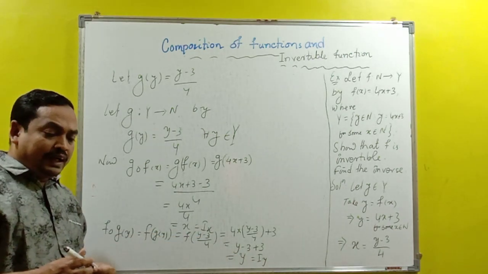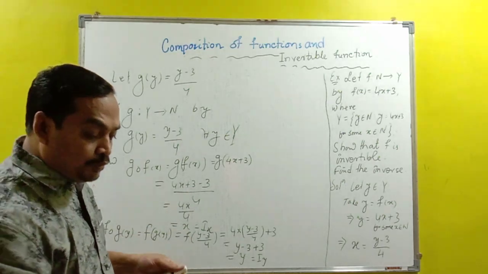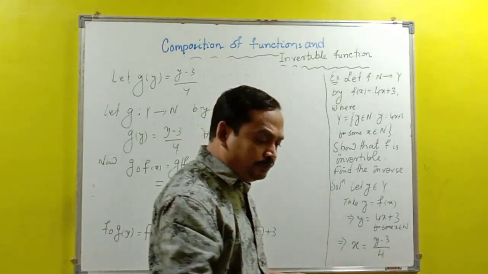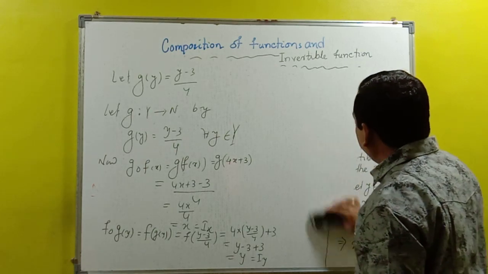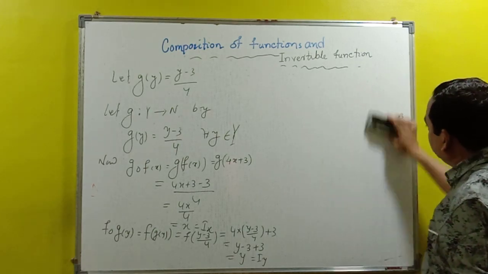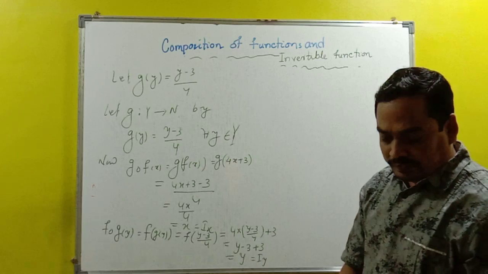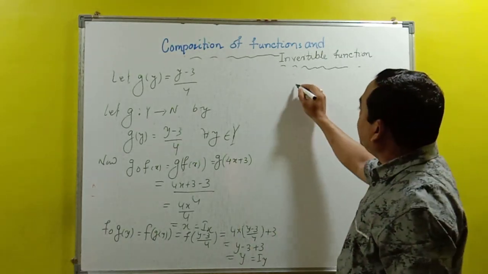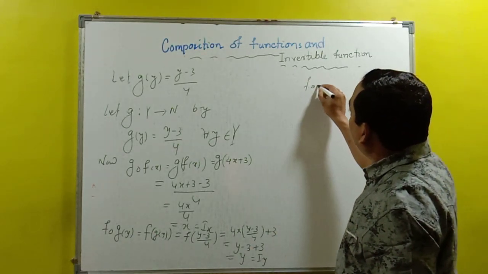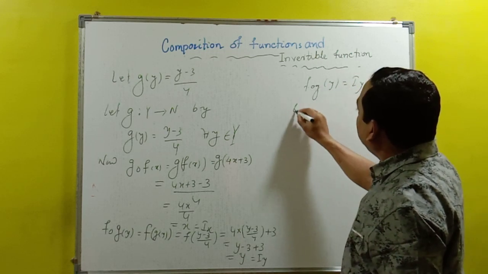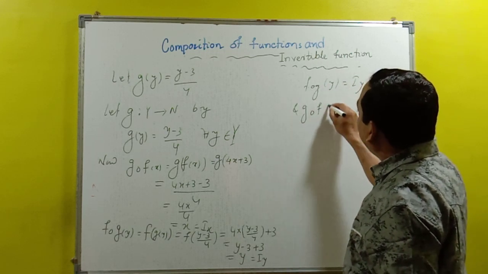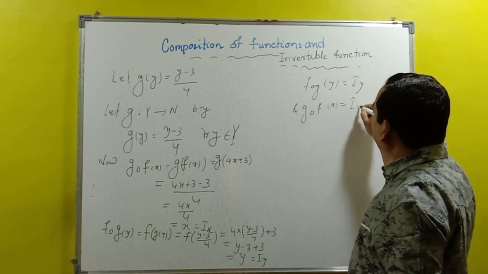This shows that by definition, what can we conclude? By definition it can be concluded that f of g of y is I_Y and g of f of x is equal to I_X.